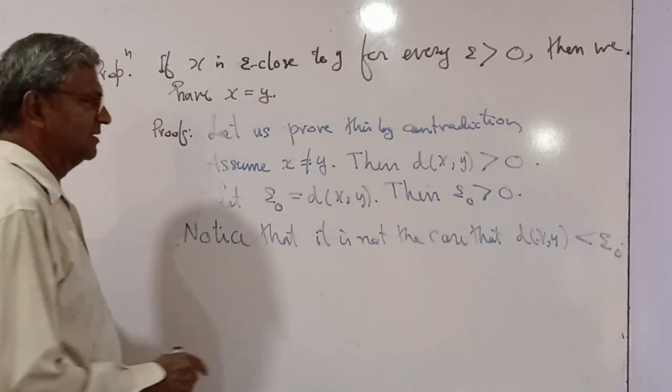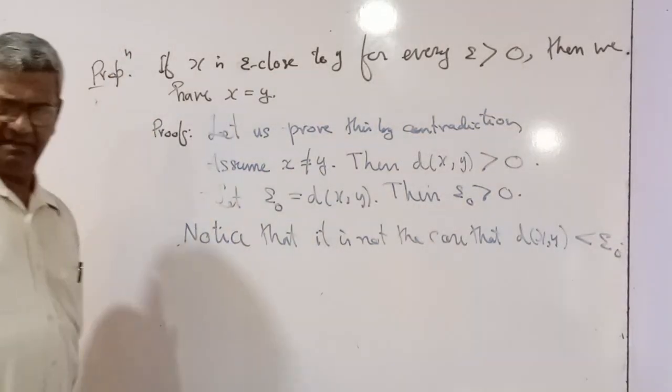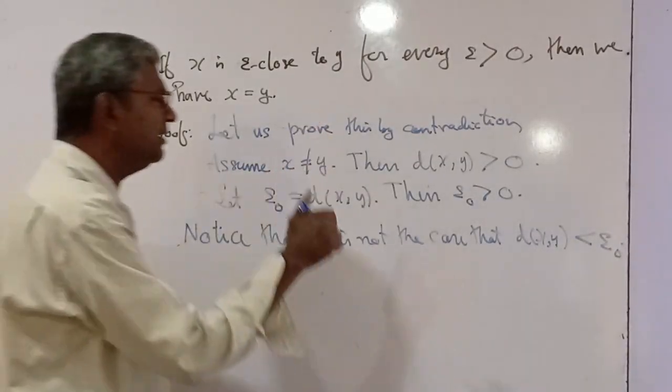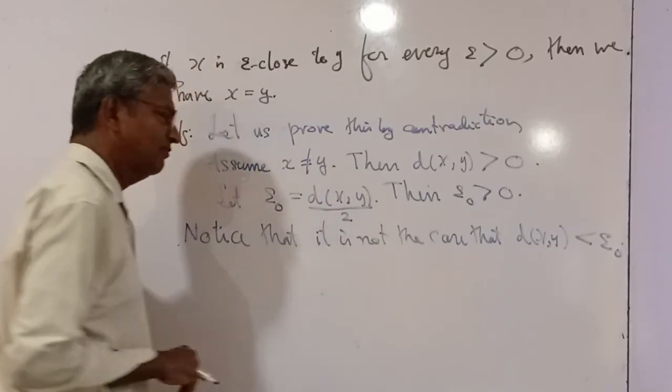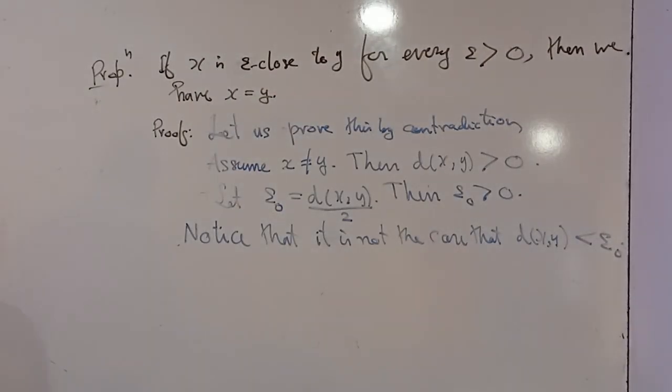Oh, well, yes, I can write like that. However, less than or equal, no, so let me say epsilon is equal to this thing divided by 2, to make sure.